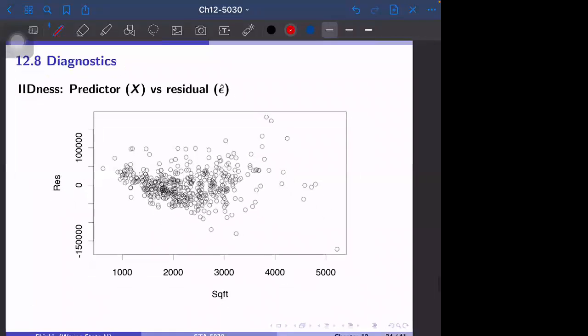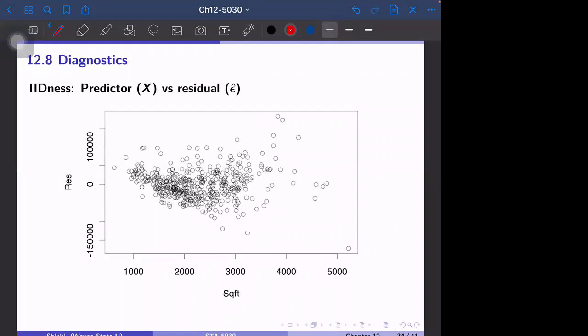I introduced several residual plots, and I will introduce the R code for these later. Actually, these are almost automatic. Here is a simple plot. At first, this is the residual versus the predictor.